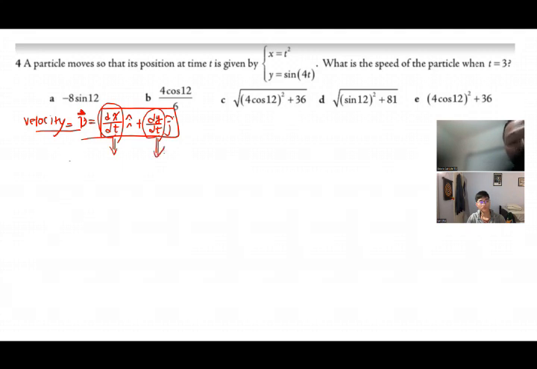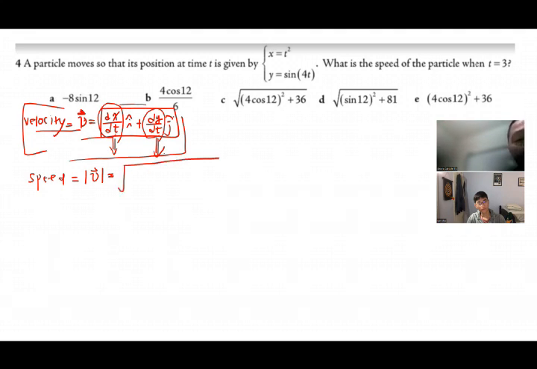This is normally called the velocity, but speed is the magnitude of velocity. If you take the absolute value of this velocity, that is the same as the speed. So speed is the square root of dx over dt squared plus dy over dt squared.